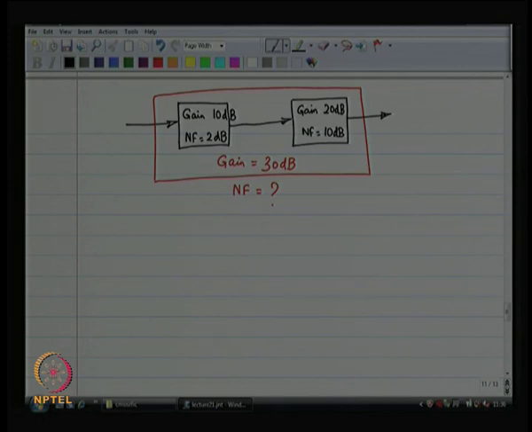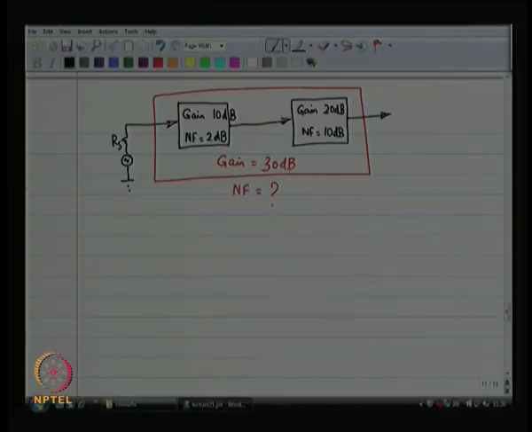The definition of the noise figure was, suppose I have got a source over here. So, the source has its noise, the source is inseparable from its noise. If you are talking about an antenna, the antenna has an impedance and that impedance is going to create some noise.